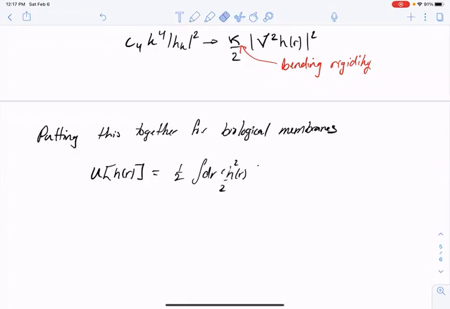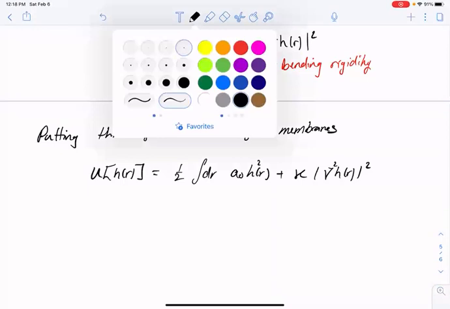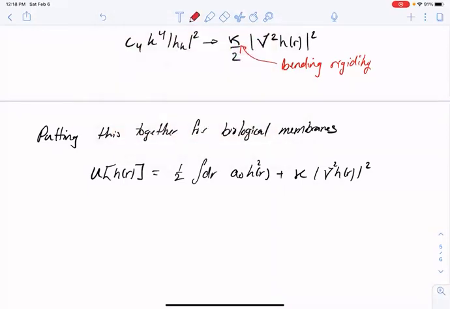Let's write this a little more carefully. A naught h of r squared, pull the 1/2 outside, plus kappa and the curvature of the height field. So that's our effective Hamiltonian, again, constructed by first coarse graining the system into a height field and considering Gaussian fluctuations on slightly large scales.